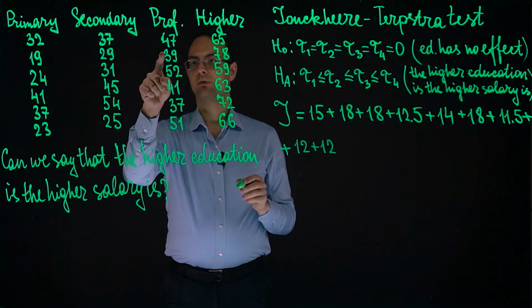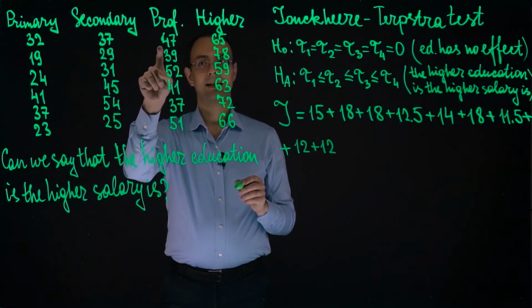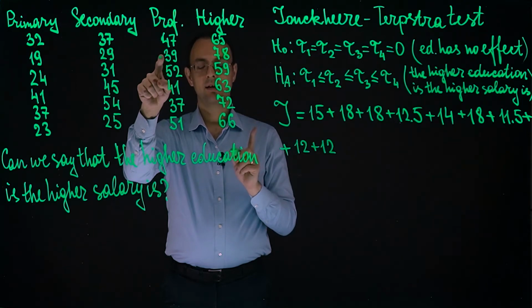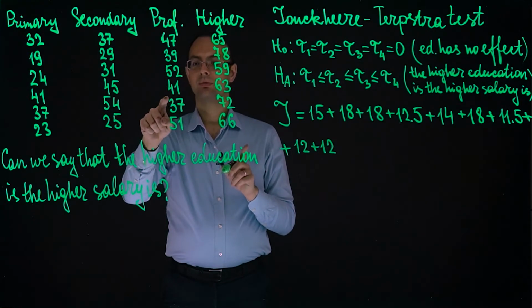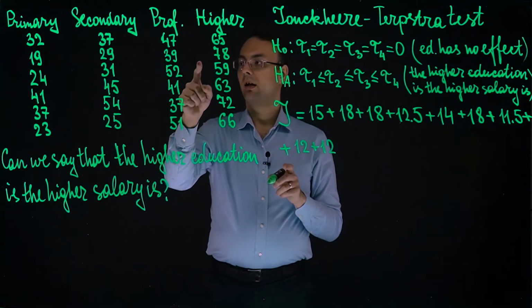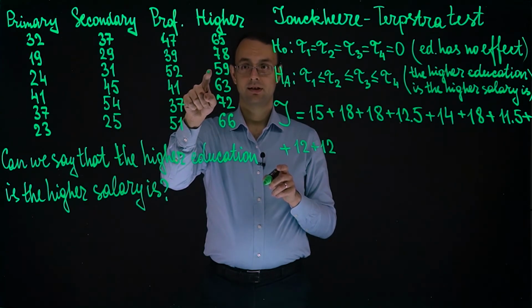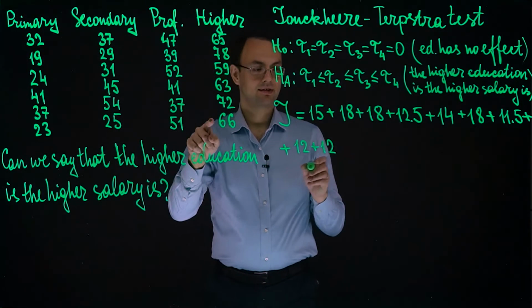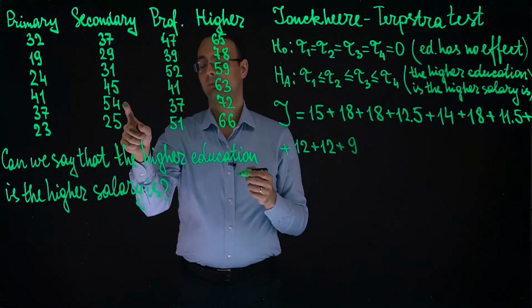Less 1, greater 2, less 1, greater 1, less 2, greater 2, greater 2, less 3, less 4, less 5, less 6, less 7, less 8, less 9, plus 9. 54.